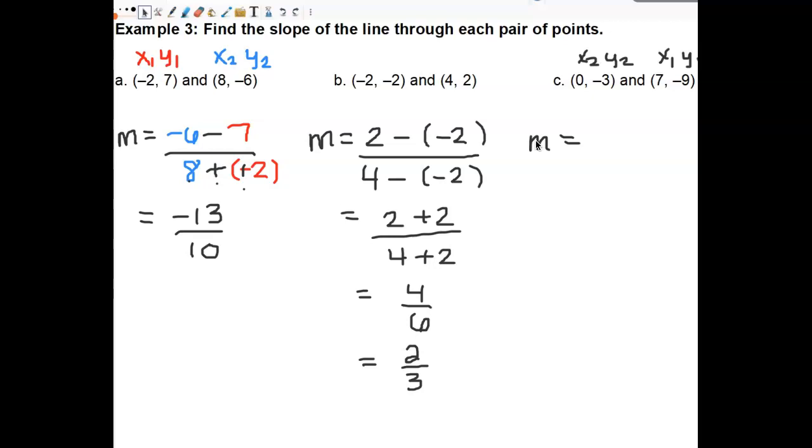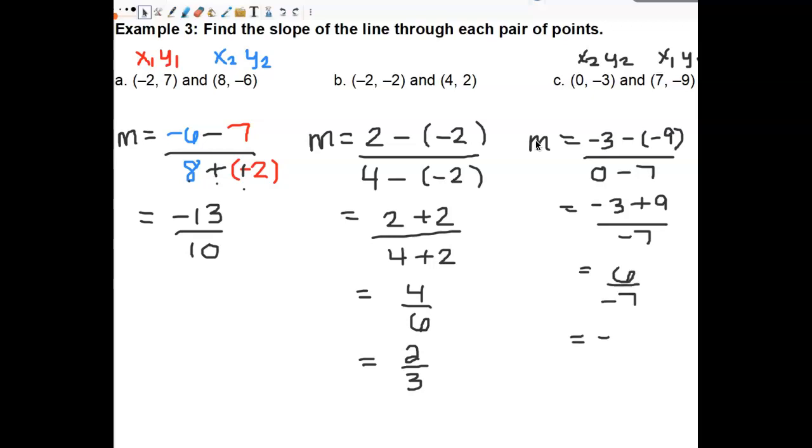So I could actually find my slope by doing -3 minus a -9 over 0 minus 7 and get 6 over -7, which is the same as -6 over 7. So the order that you subtract them doesn't matter. It just matters that you stack the y2 and x2 and the y1 and x1.